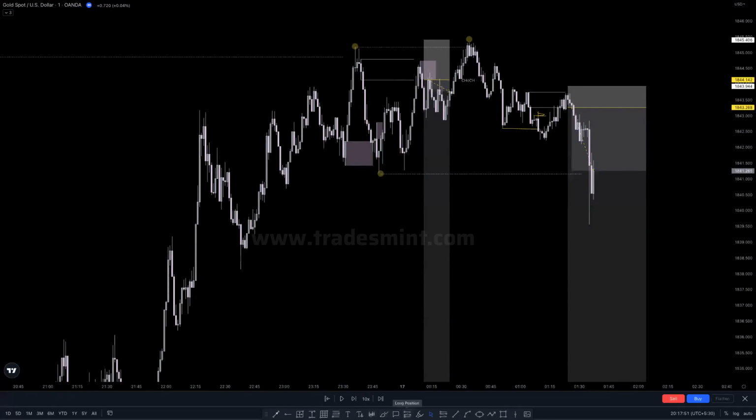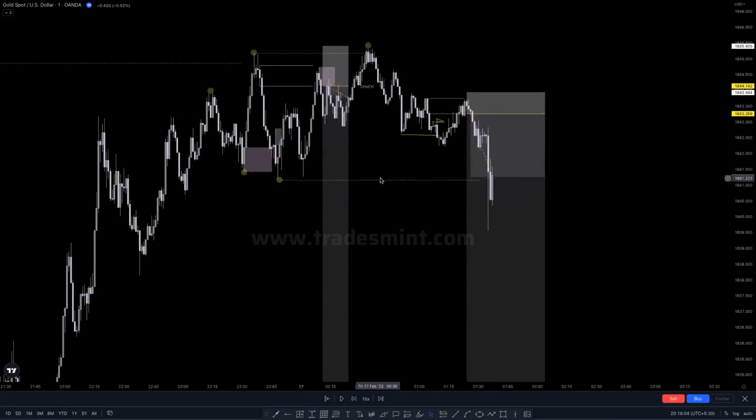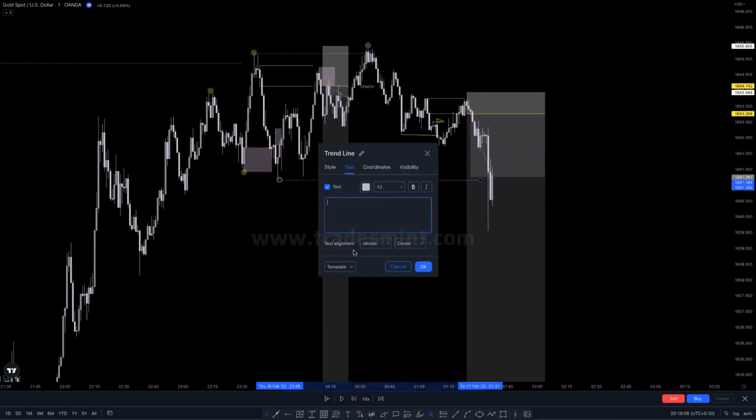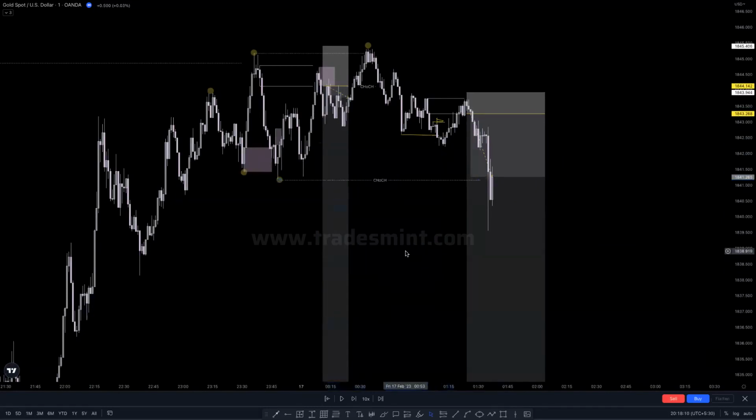Actually here also, this one, because the market has taken out the inducement. So this is our structure here, and this becomes our CHoCH in the 1 minute structure.